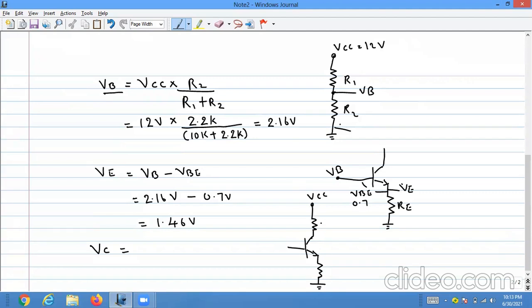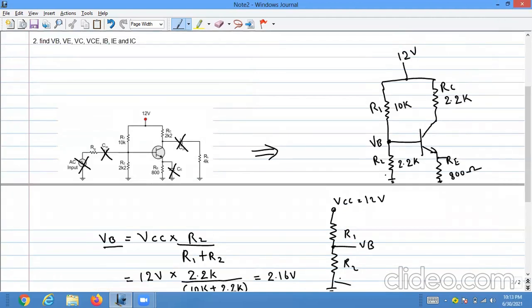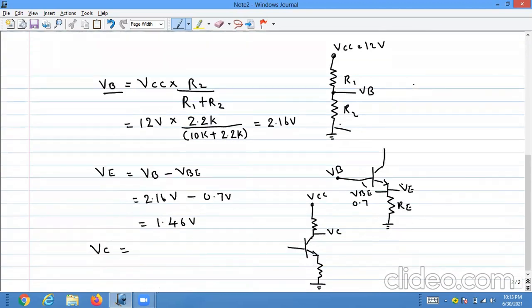VCC 12 volt is here, and at this point VC is there. You can see the circuit here: 12 volt, RC, and the voltage at this point is VC.